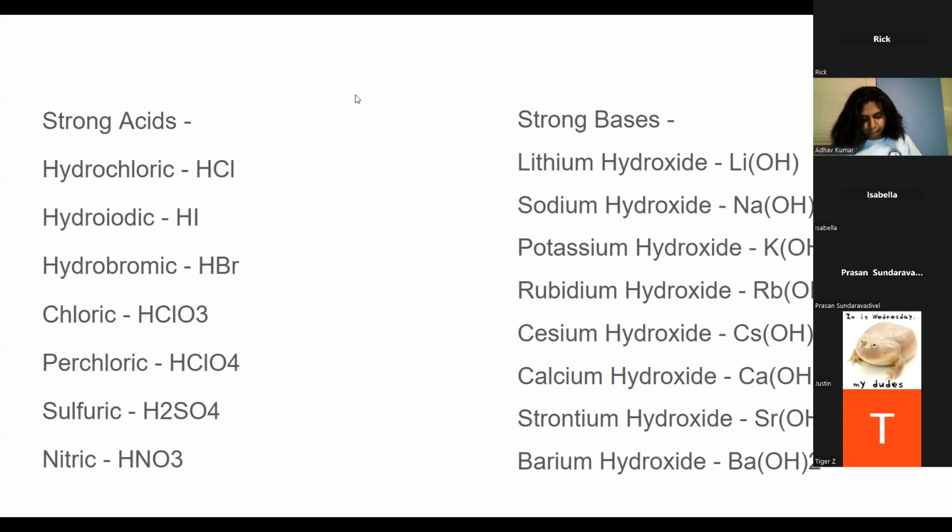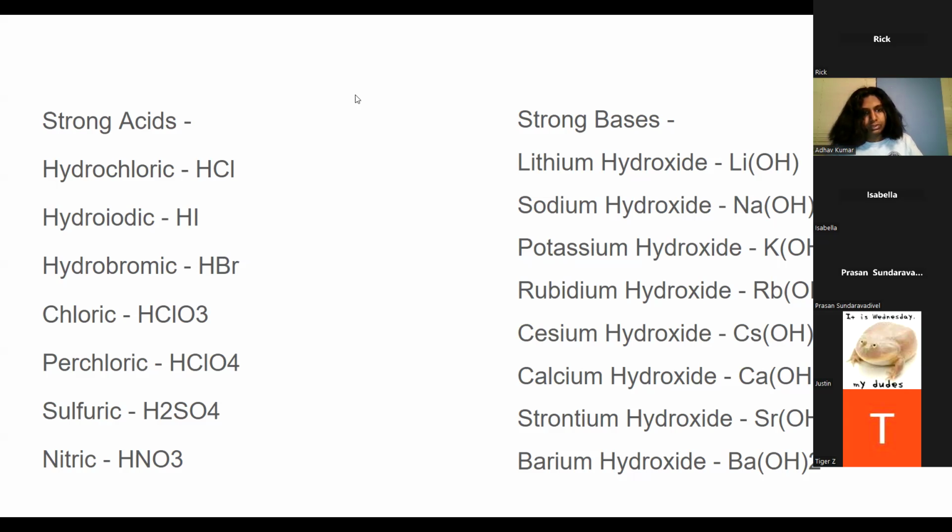Something to note here is that sulfuric acid, H2SO4, while it does have two hydrogens, is only a strong acid for the first hydrogen. After it gives away that first hydrogen atom, it's no longer a strong acid, it's actually a weak acid. And the same idea applies for your strong bases, right?